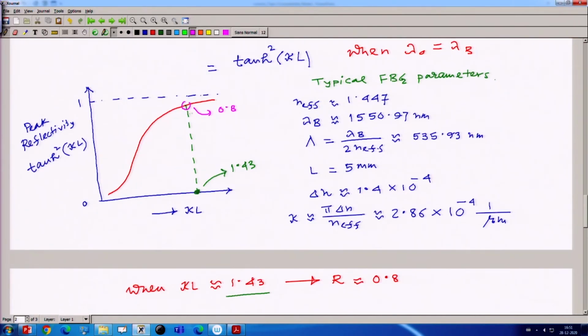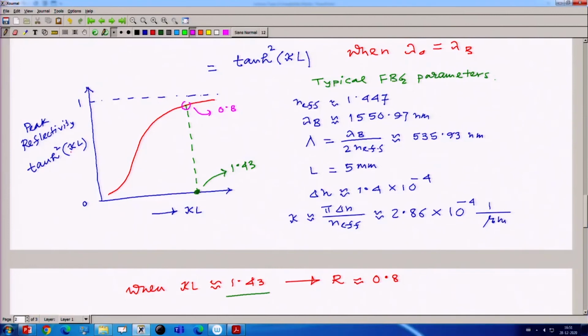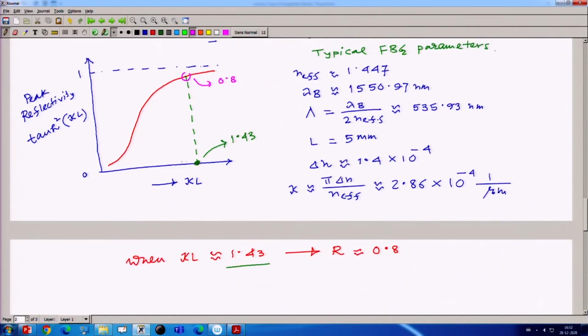With this plot I can have the value of the reflectivity at different kappa L, and it definitely depends on the value of kappa L. If kappa is high, or the grating length is high, then the peak reflectivity has a higher value.